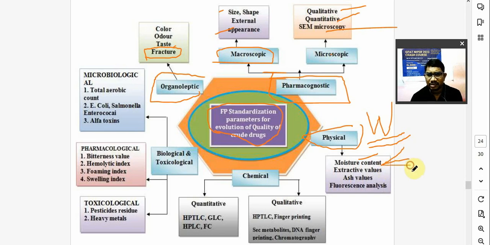Then extractive value. Extractive value में दो तीन टाइप का आता है. So in that, water soluble extractive is there, water insoluble extractive is there. Then a particular type of organic solvent, let's say ether soluble extractive, chloroform, alcohol soluble extractive.